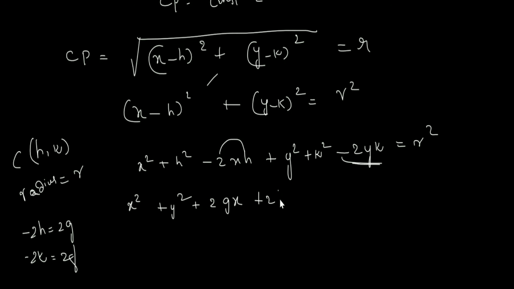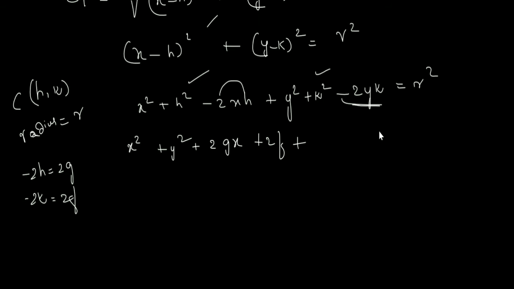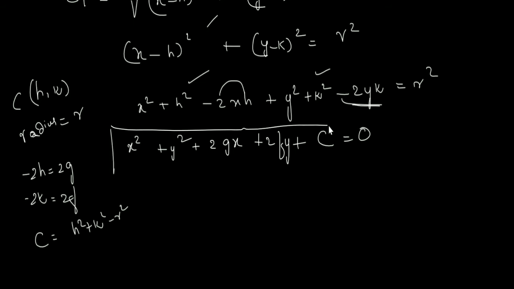Then this constant h square plus k square minus r square, we are going to write it as a constant c. So this is also another form of an equation of a circle: x square plus y square plus 2gx plus 2fy plus c equal to 0. Now we'll move on to the exercise.